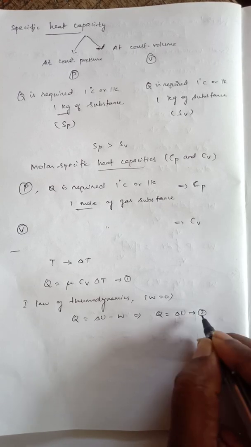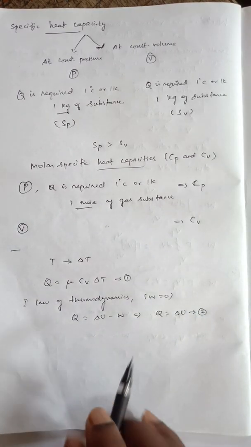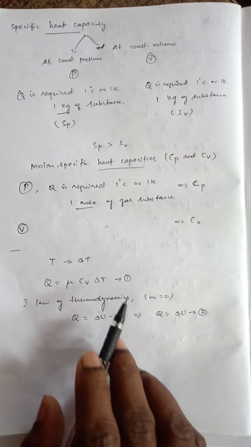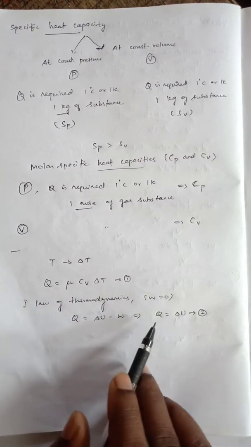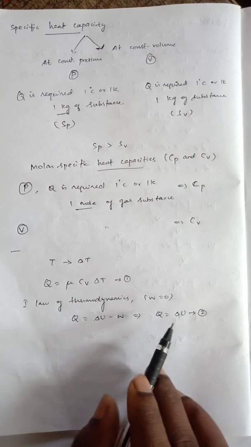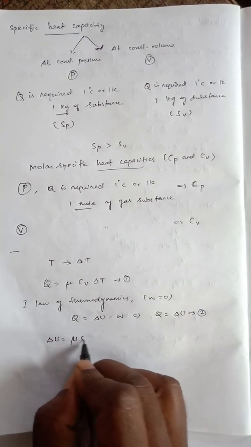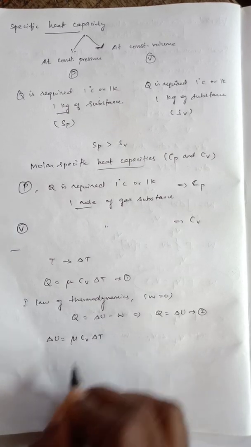Put that as equation number 2, because at constant volume there is no work done by the gas. So compare equations 1 and 2. We have Q on the left side, so equate the right sides. We get del U is equal to mu Cv del T.